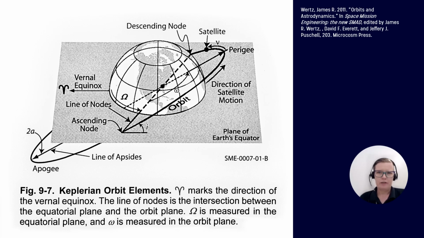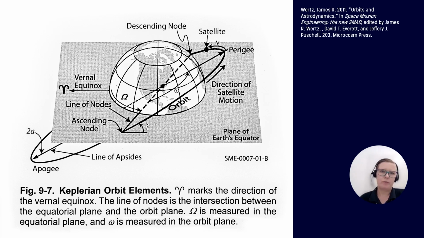So the symbol we use for the right ascension of the ascending node is capital omega, and the line drawn from the ascending node of the spacecraft over to the descending node, which is where the spacecraft does the opposite, goes from north to south, we call that the line of nodes. So the right ascension of the ascending node, capital omega, is what positions that line of nodes for us.